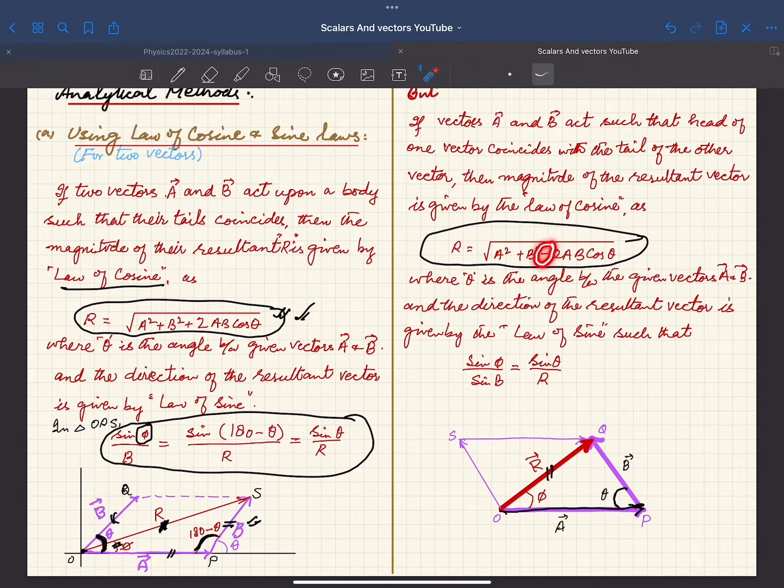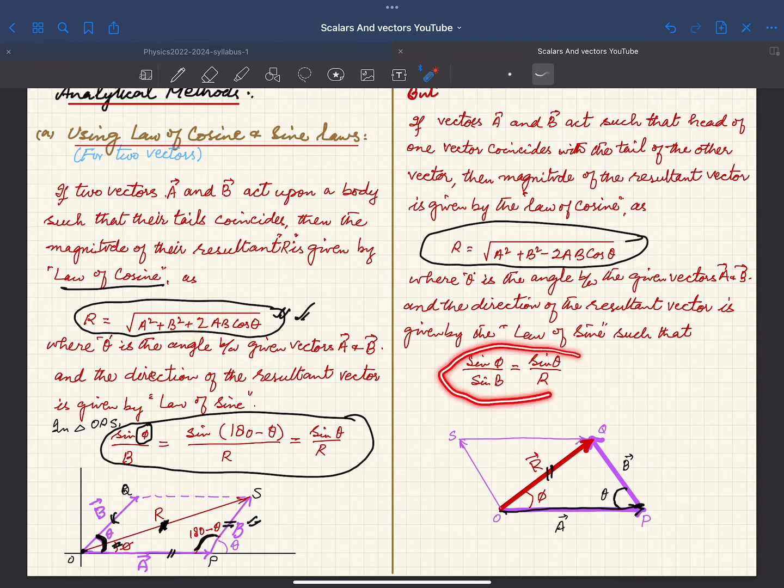This is a negative sign. So for the calculation of the resultant vector, remember that if the head to tail rule is being followed in such a way that the tail of the second vector is coinciding with the head of the first one, then the cosine law will have a negative sign over here. But in case of tail to tail coincidence, the formula will be this one, yani with a positive sign. So this is something which is very important.